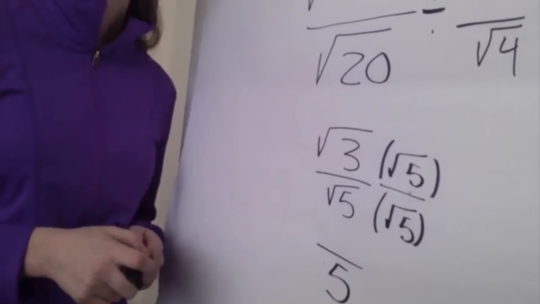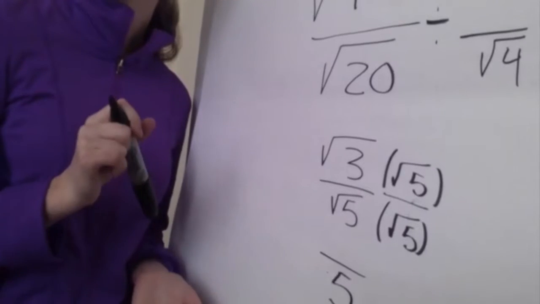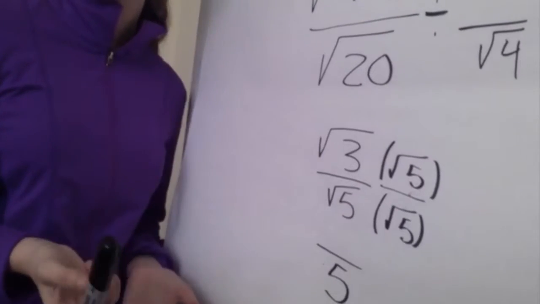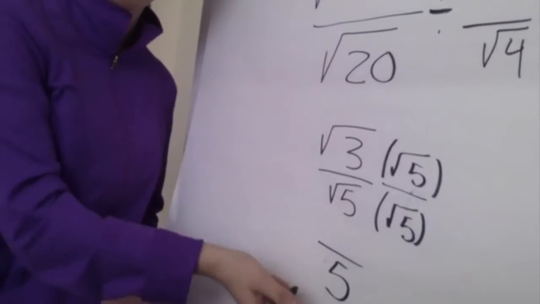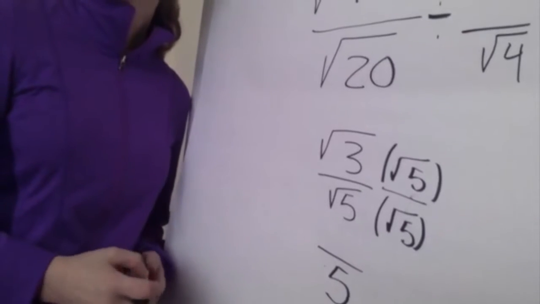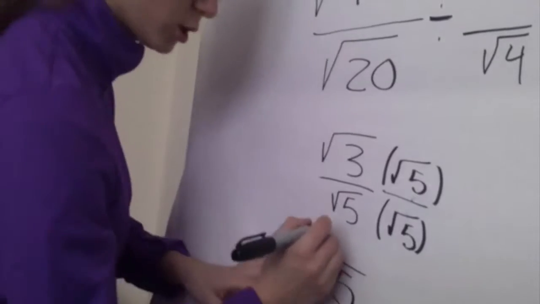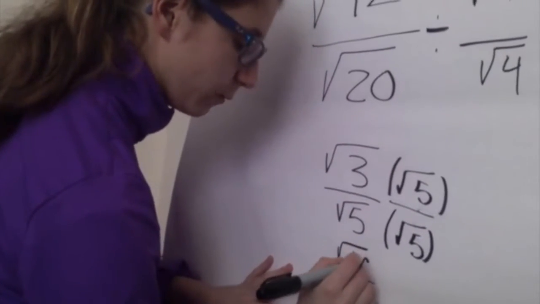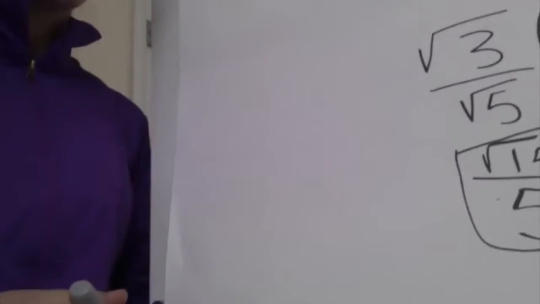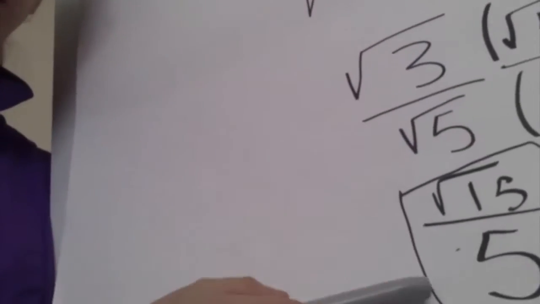In this case, we have radical 5 times radical 5, which equals simply 5. In the numerator, we have radical 3 times radical 5, which equals radical 15. So the simplest form of this problem is radical 15 over 5.